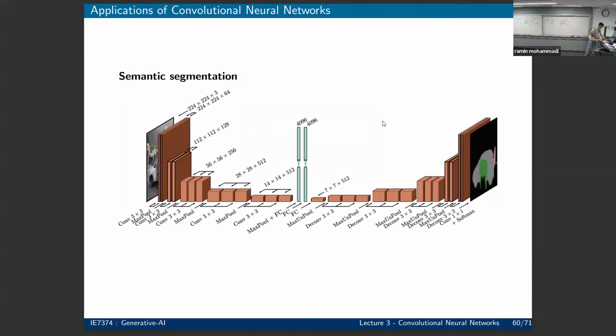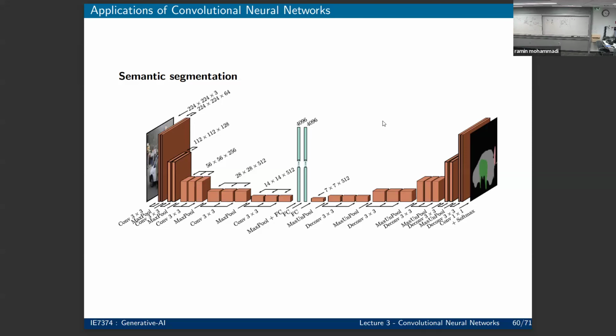This is an example of a semantic segmentation convolutional model. As you can see, it has some flavor of an autoencoder. It reduces, then flattens, and then increases. But here we are using it for segmentation. The idea is that if you are able to break down an image and reconstruct it, it means you have learned the distribution, so you can use that for segmentation.